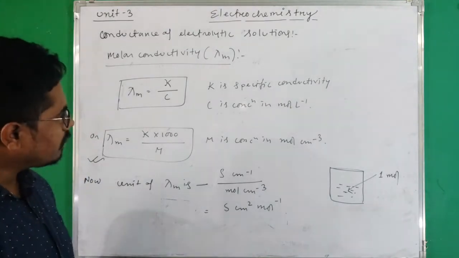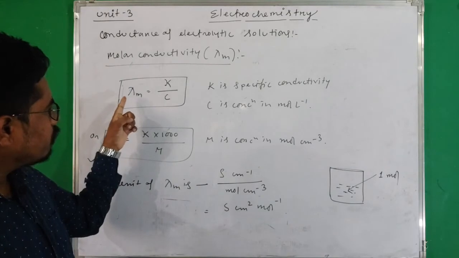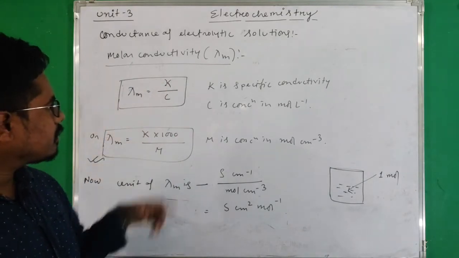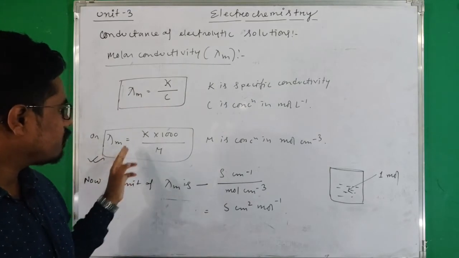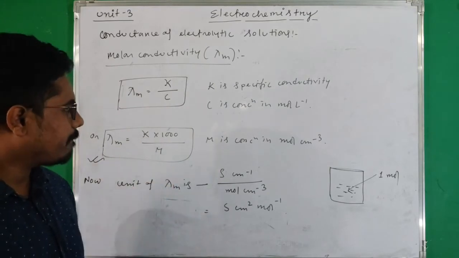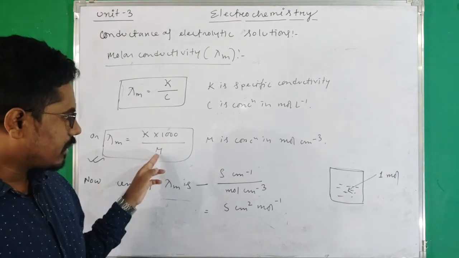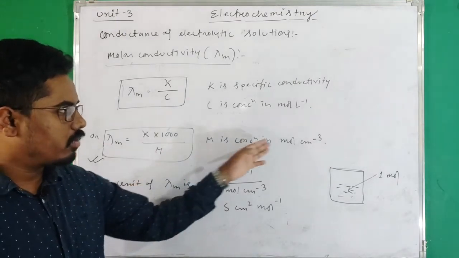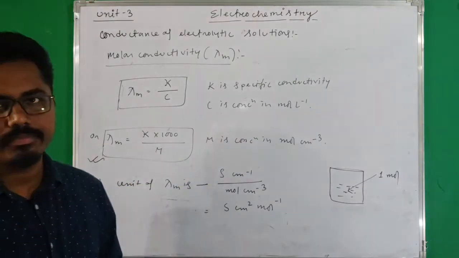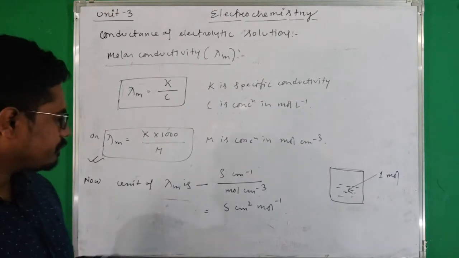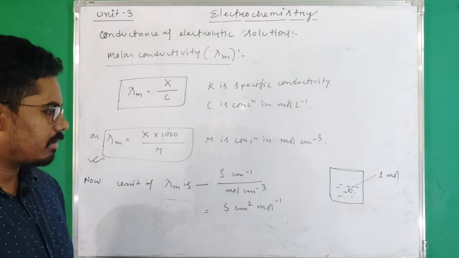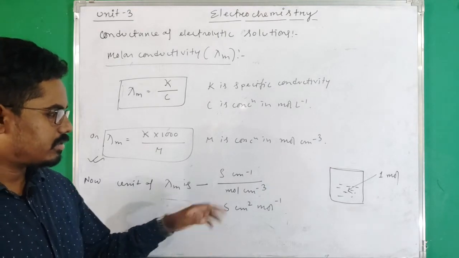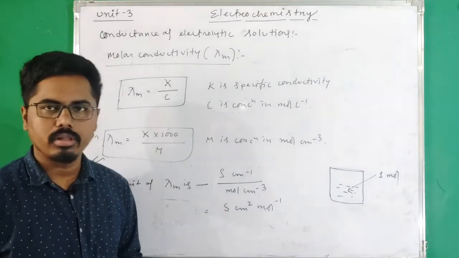The relationship between them is lambda m equal to kappa divided by C, or lambda m equal to kappa into 1000 divided by m, where the unit of m is mole per centimeter cube. The unit of lambda m is Siemen centimeter square per mole.